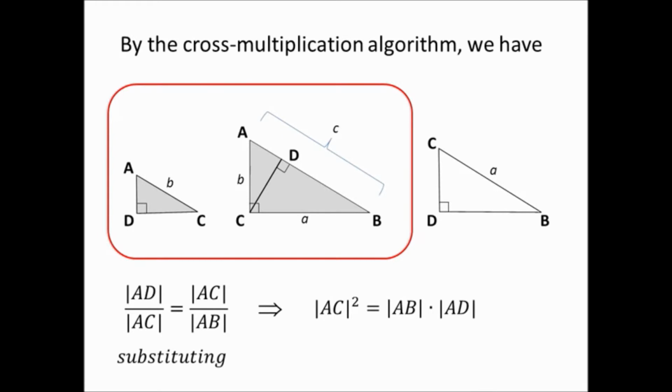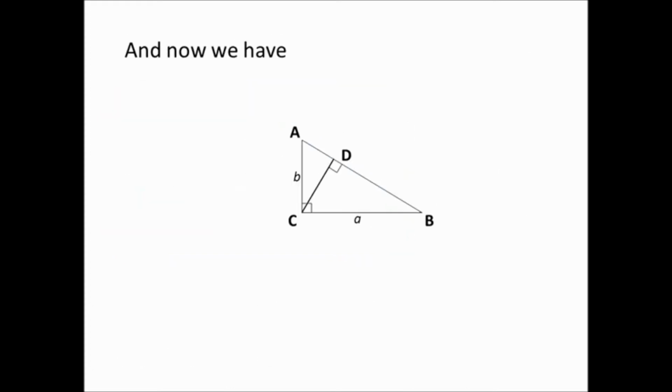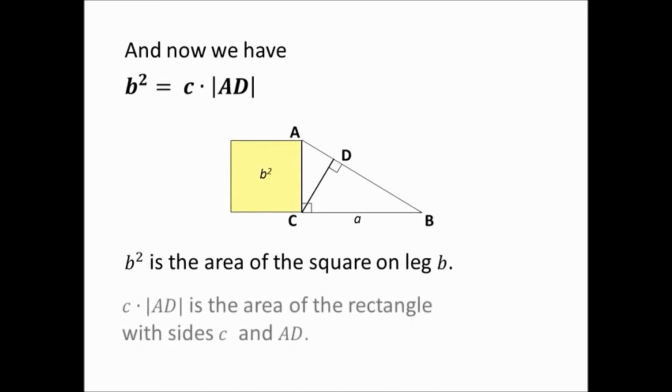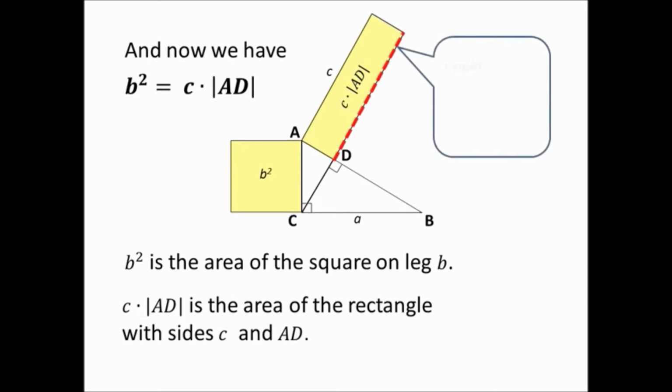AC squared equals AB times AD. Substituting, B squared equals C times AD. And now we have B squared equals C times AD. B squared is the area of the square on leg B. C times AD is the area of the rectangle with sides C and AD.